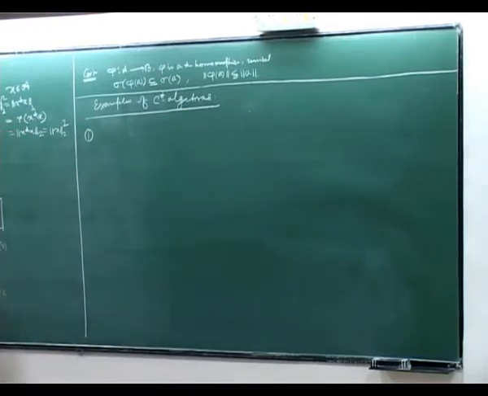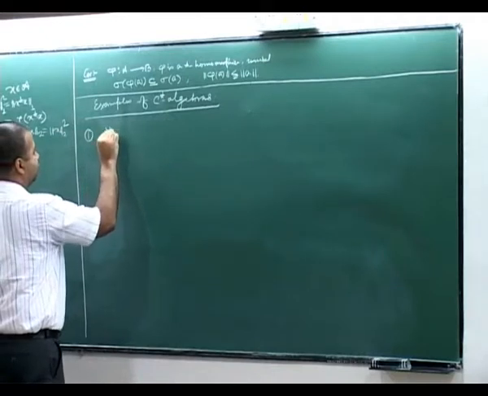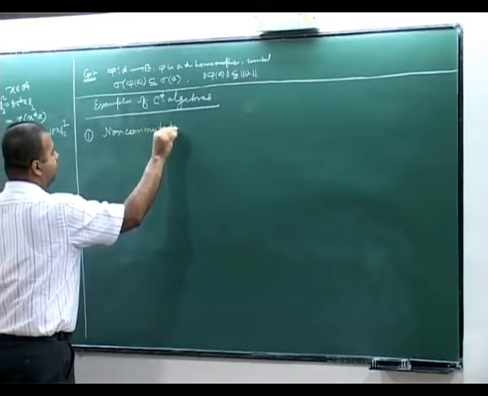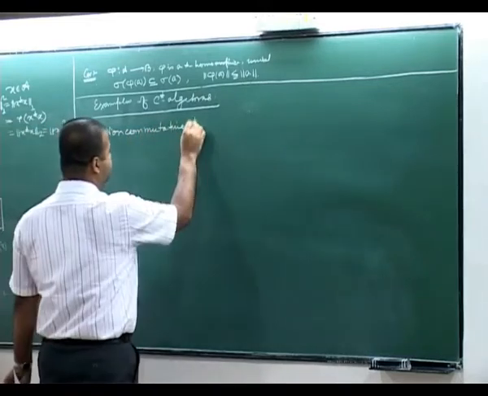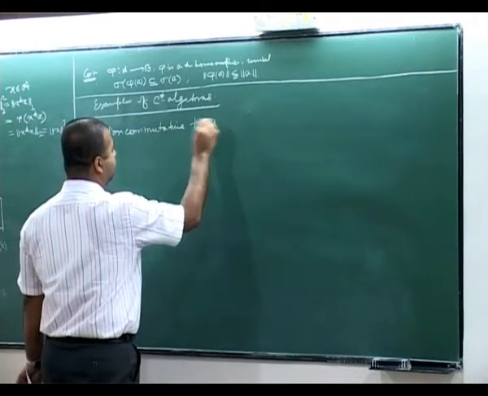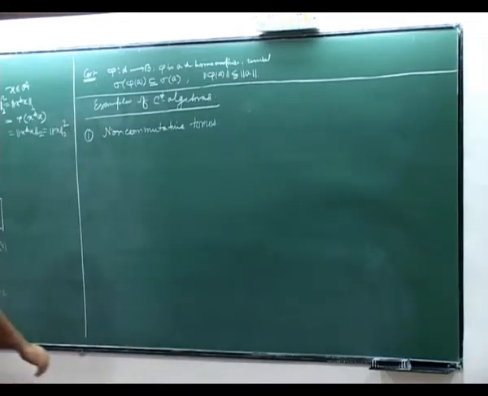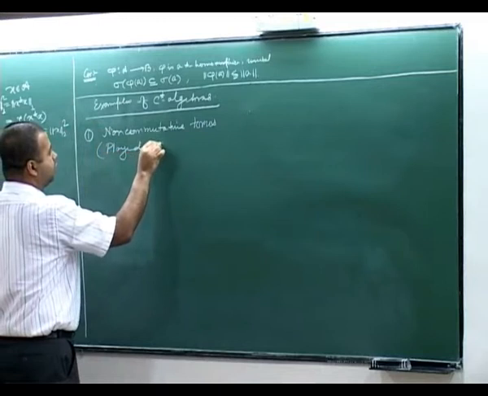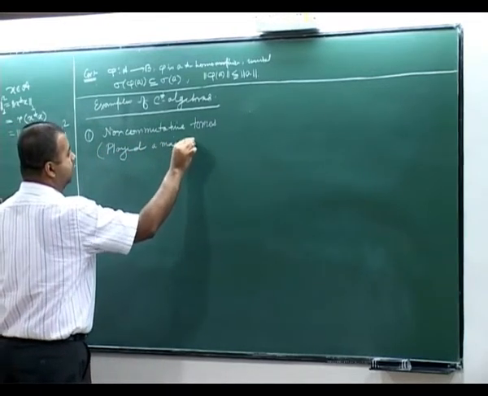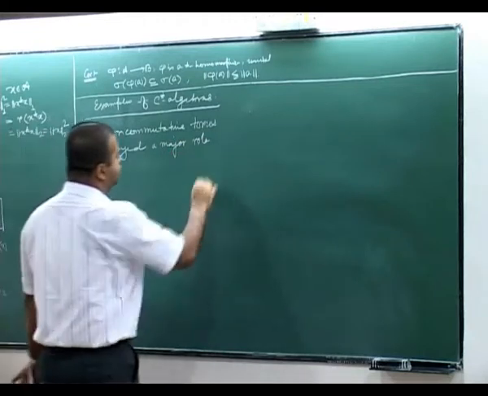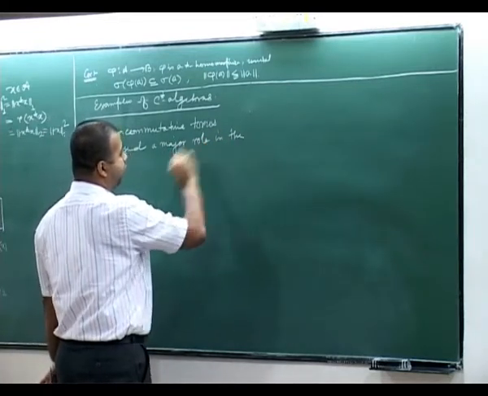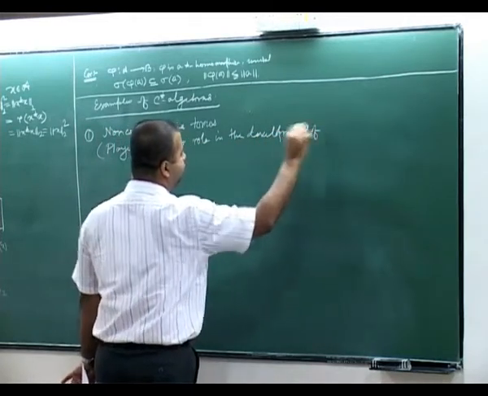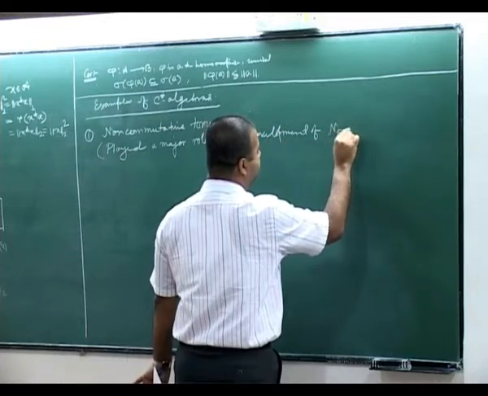So first example is called the non-commutative torus, and this C-star algebra played a major role in the development of this subject called non-commutative geometry.